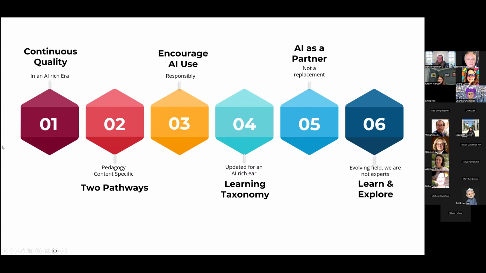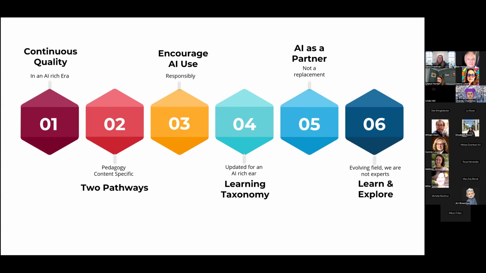Number 1 is continuous quality. The second one is the pathways, both pedagogical and the content of industry. Like if it's marketing, what are they doing in marketing? Encouraging AI use and responsible AI use is the key here. And like Cheryl said, we're building this on Bloom's.